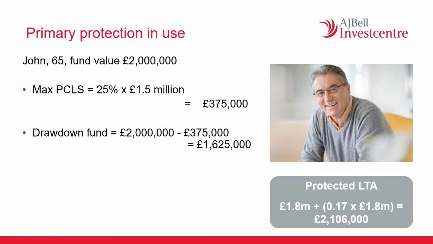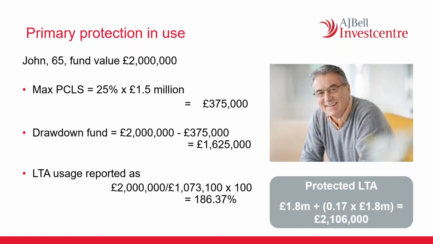But when it comes to lifetime allowance usage reporting, this is the bit which I think is a bit confusing. We have to report that as 2 million being crystallised over the standard lifetime allowance, not over his protected lifetime allowance.